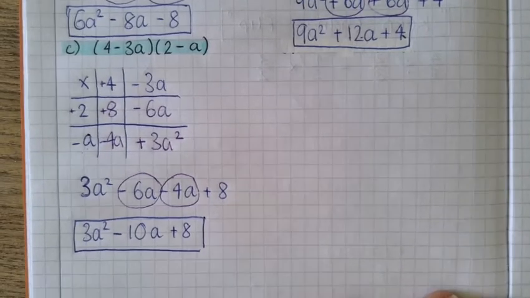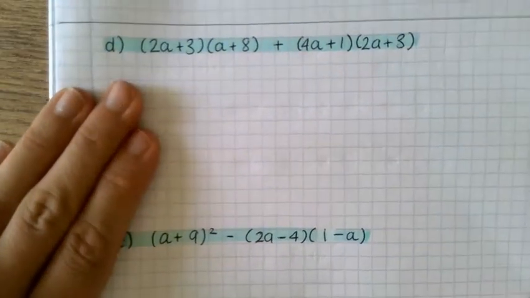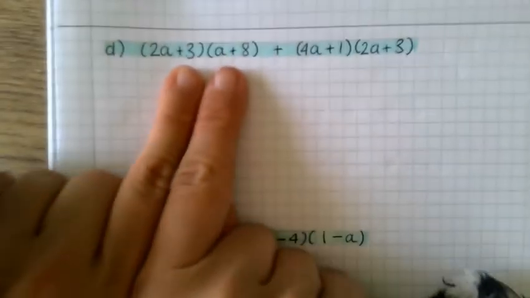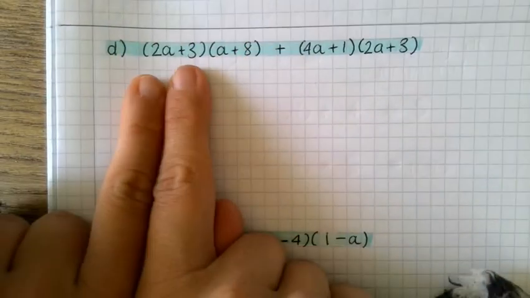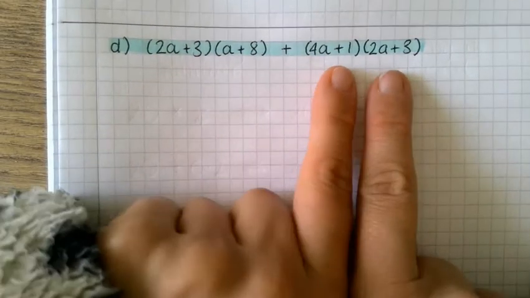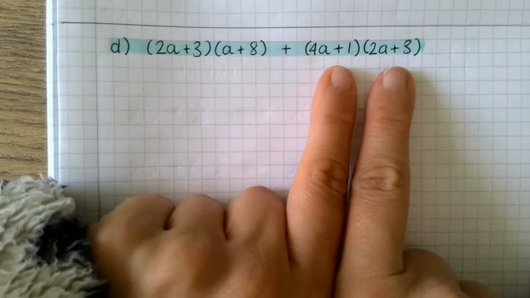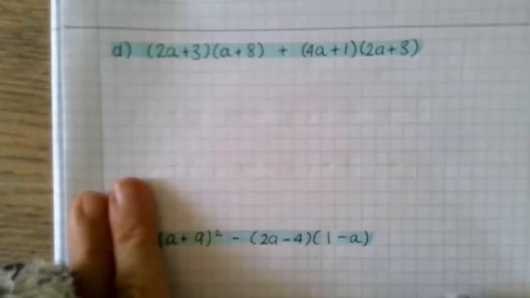And we have two slightly longer examples, but they are using exactly the same skills. So, you can see this example here. We have 2a plus 3 multiplied by a plus 8. Now all of that is being added to 4a plus 1 multiplied by 2a plus 3. So what I'm going to do is I'm going to multiply these two brackets together, find out what it equals to.